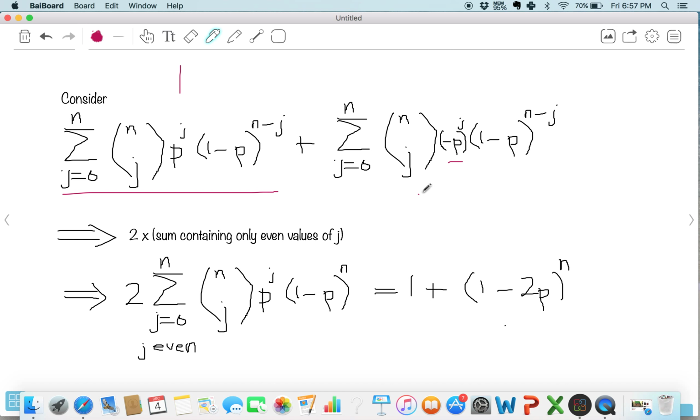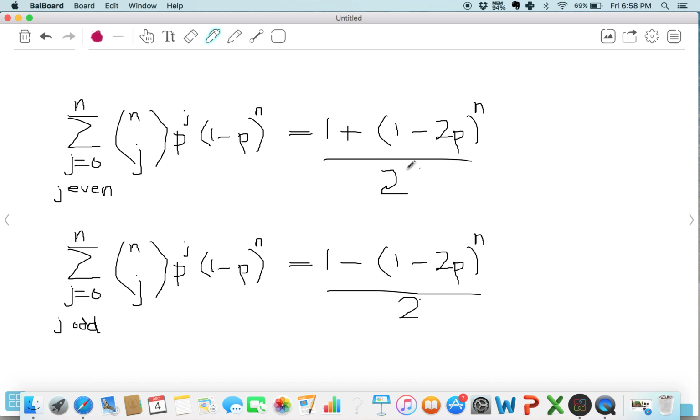This guy is equal to minus p plus 1 minus p to the power of n, which is actually 1 minus 2p to the power of n. So we get 2 times this sum is equal to 1 plus 1 minus 2p to the power of n, which means that we can bring this 2 on that side, and this summation is now equal to 1 plus 1 minus 2p to the power of n, divided by 2 here.